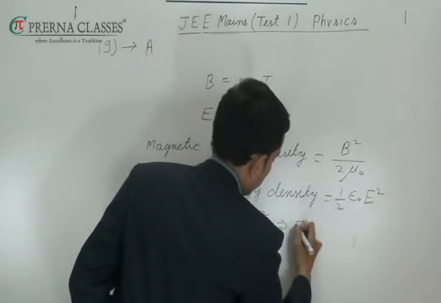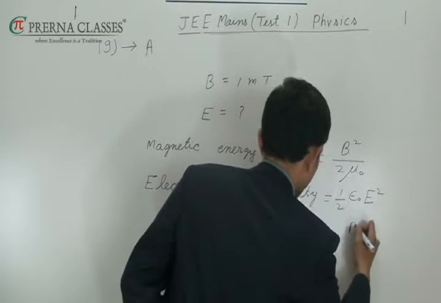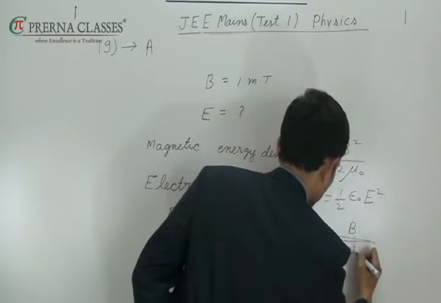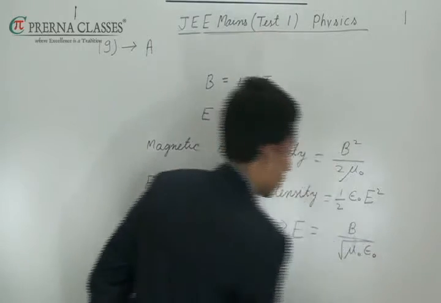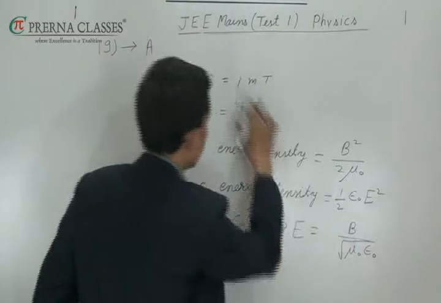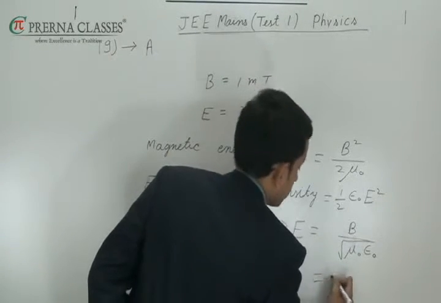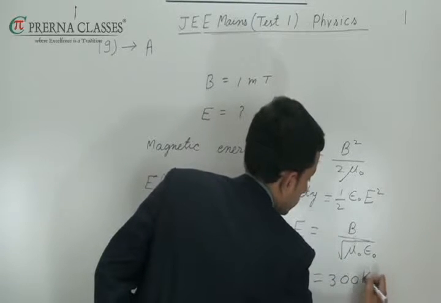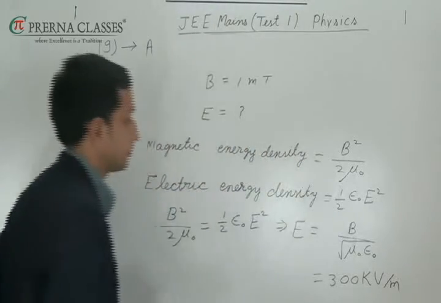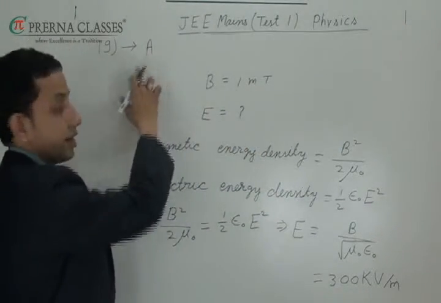If we solve it, we will get E equal to B by under root mu naught epsilon naught. And if we put B as 1 millitesla and put in these values, we are going to get 300 kilovolt per meter for the electric field. So the option will be A.